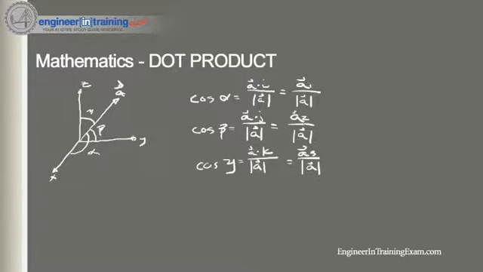So I can ignore these vector signs here. These are our general formulas for the directional cosines.